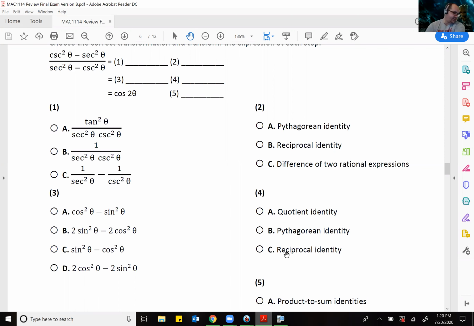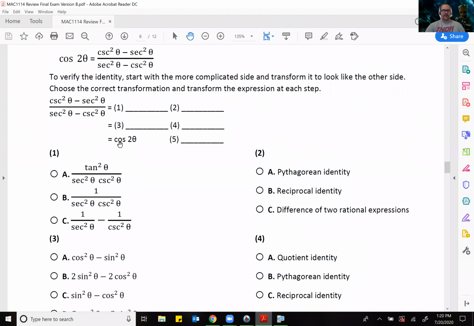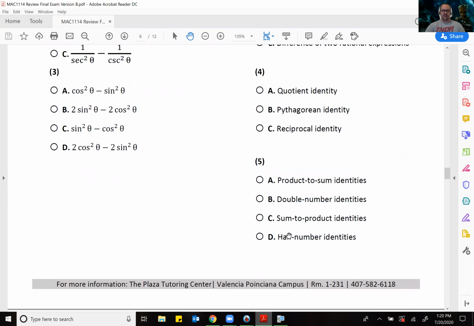And then last but not least, because you have cosine squared minus sine squared, that is cosine double angle. Which means that in the end, all you did was apply B, the double angle identity. So that's the end of number 19, coming from 10.3.